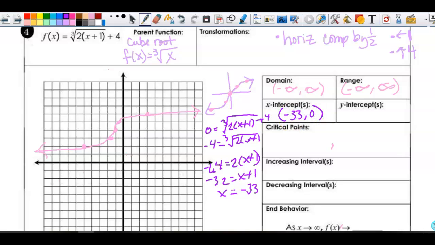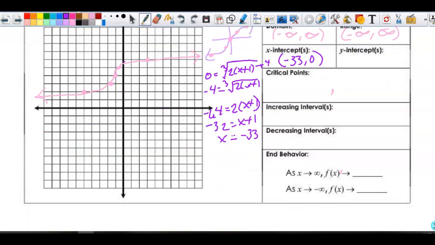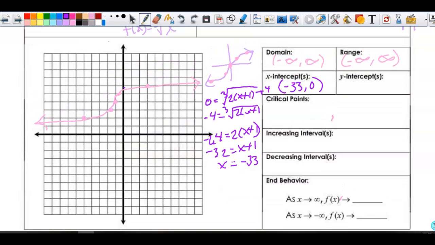My y-intercept is right there, but I don't get to see it on my graph. So I need to find f(0). So f(0) is equal to the cube root of 2 times (0 plus 1), plus 4.